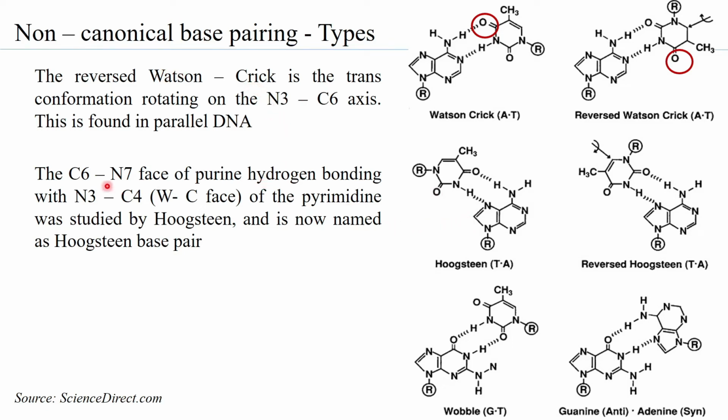Then when you have the C6 N7 face of purine hydrogen bonding with the N3 C4, that is the Watson and Crick face of the pyrimidine, then you have what is called Hoogsteen base pairing.